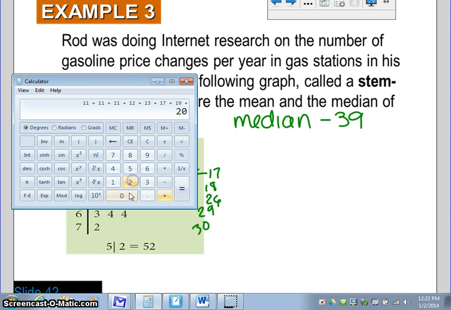And then we have 20 plus 23 plus 26 plus 26 plus 38 plus 38 plus 39 plus 39 plus 39 plus 39 plus 39 plus 40 plus 52 plus 52 plus 54 plus 55 plus 55 plus 55 plus 56 plus 57.